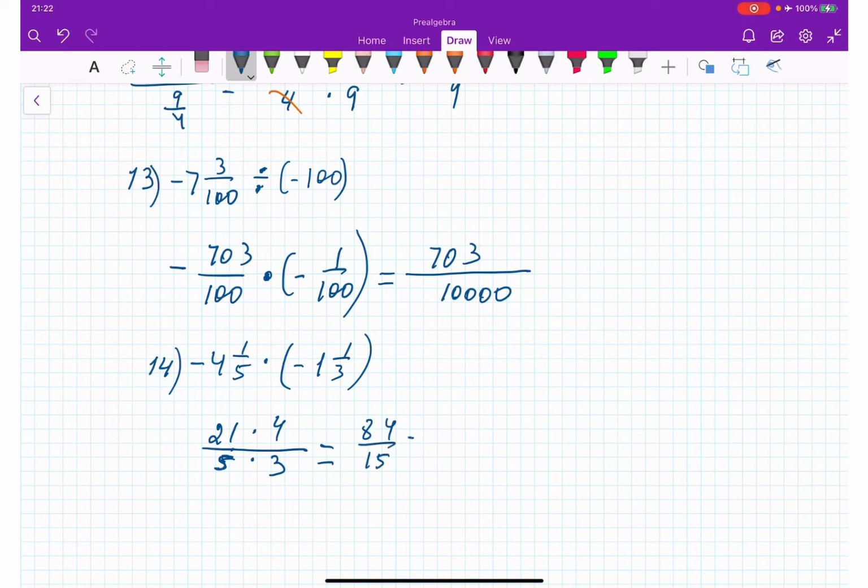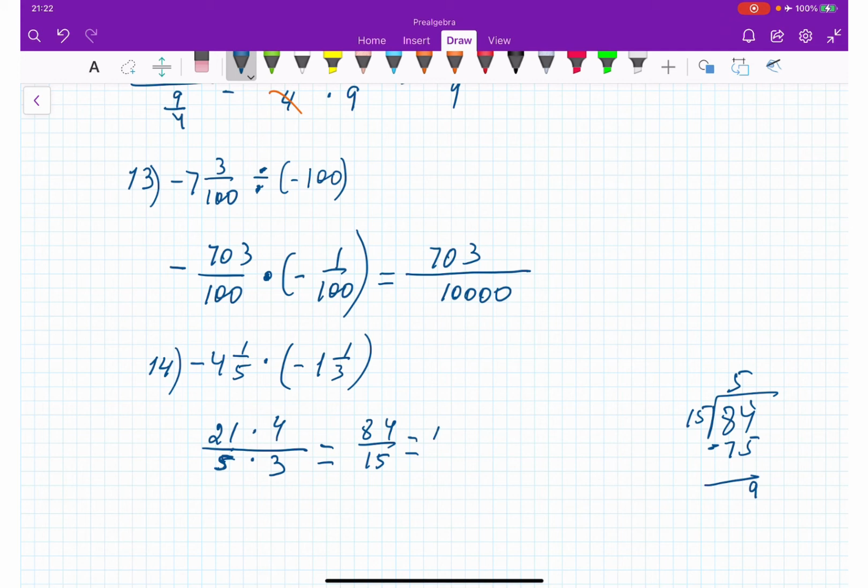84 over 15, if we divide 84 by 15, I'm going to get 5 times 15 is 75. 84 minus 75 is 9, right? So remainder is going to be 9.